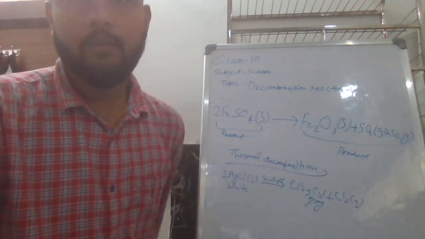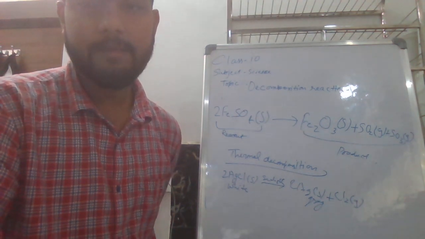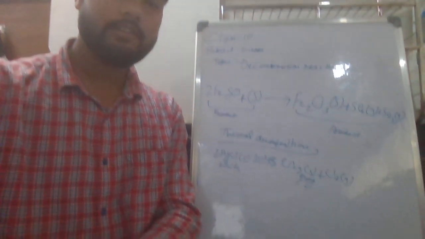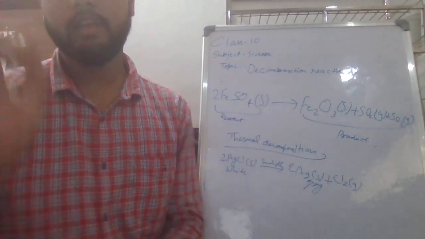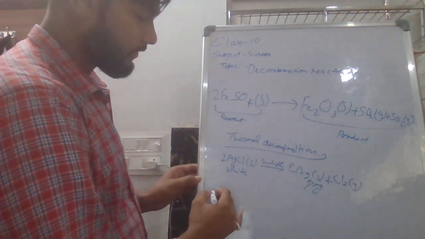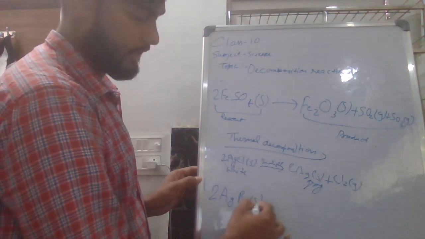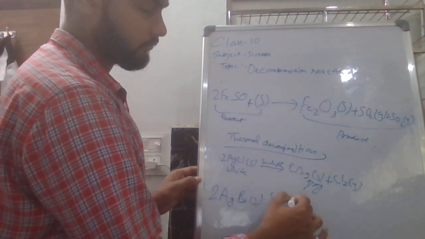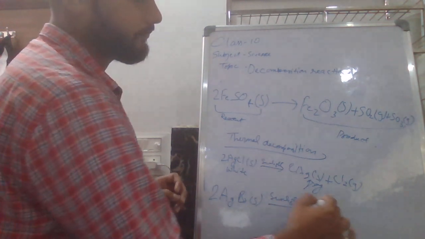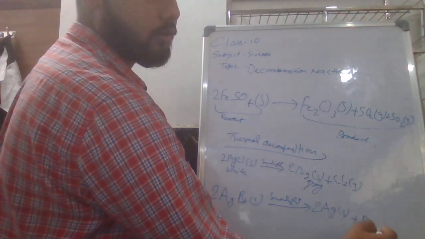Now tell me, silver bromide also decomposes in light, so what is the chemical equation for this reaction? The chemical equation will be 2AgBr, sunlight, converted into 2Ag(s) plus Br2(g).